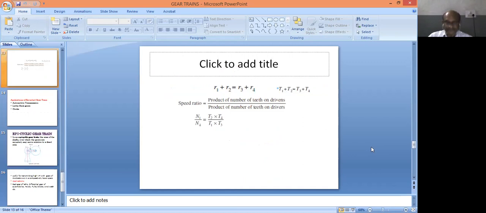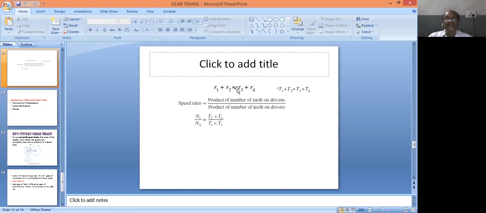Here, the speed ratio is the ratio of the product of the number of teeth on driven gears to the product of the number of teeth on driver gears. By the geometry, we can write R1 plus R2 equal to R3 plus R4. If we assume all the gears are of the same module, the radius is proportional to the number of teeth.